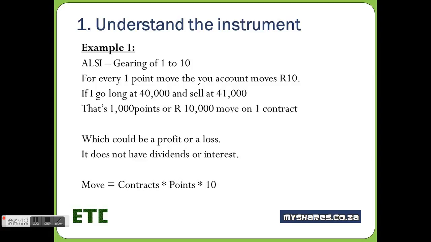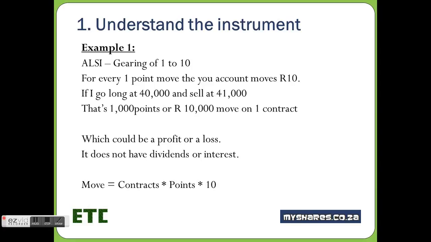So I understand that if I go long at 40,000 and the Aussie moves to 41,000, that 1,000 point difference means a 10,000 Rand profit. Of course, if I was short for those 1,000 points, the difference means 10,000 Rand loss.